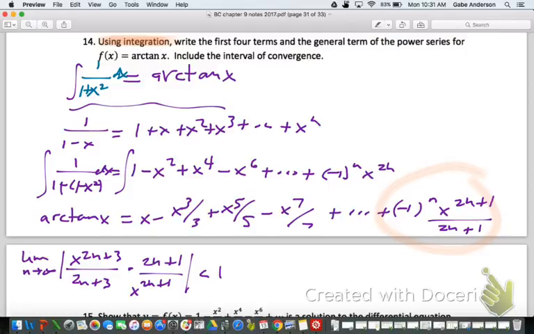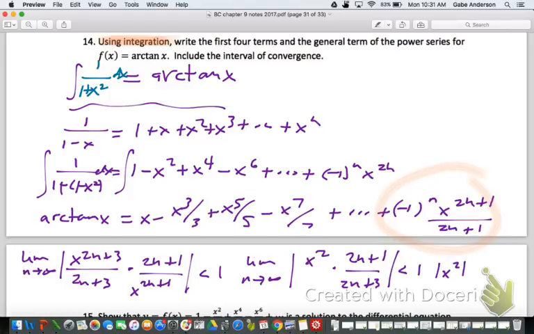When you cancel stuff out, you're going to end up with limit, it would be x squared times 2n plus 1 over 2n plus 3. As you apply the limit, the 2n plus 1 over 2n plus 3 would go to 1, wouldn't it? 2 over 2. So you just end up with absolute value of x squared is less than 1, after you apply the limit.